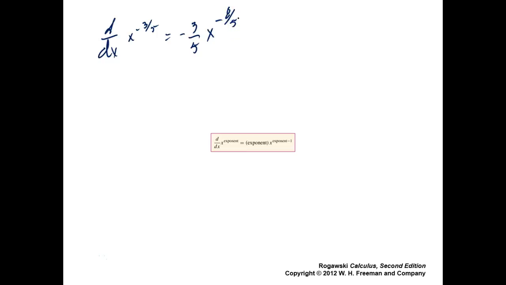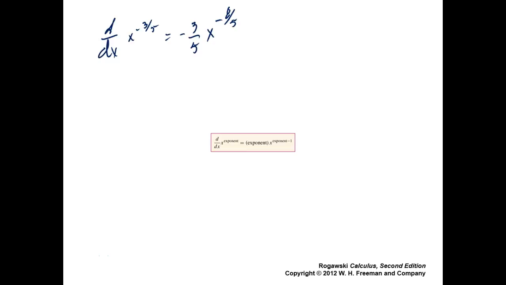Does everybody see that? You're subtracting, you bring this in front, and then you write your variable here, and then subtract 1 from this. Subtracting 1 from 3/5, I subtract 5/5 from 3/5, and that's how I get a negative 8/5. Okay? That's exactly right.